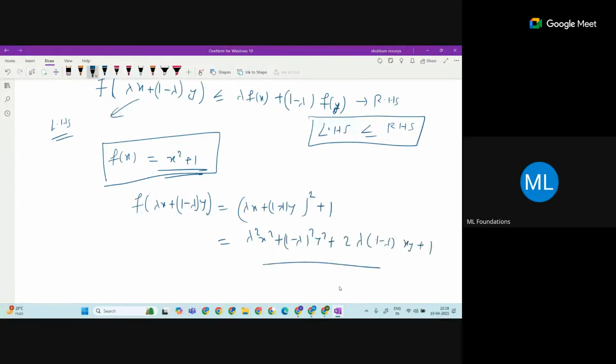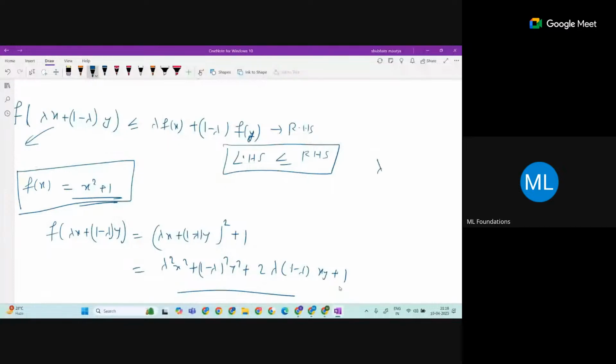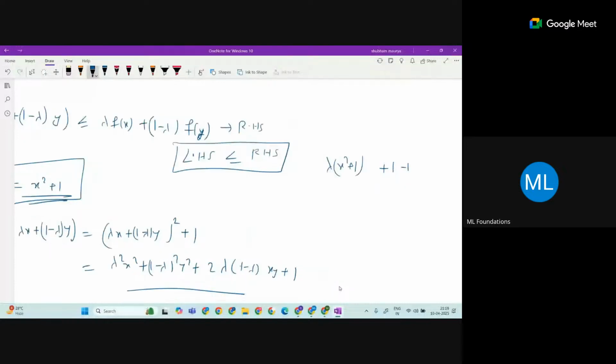This is the left hand side. For the right hand side, it is lambda times (x square plus 1) plus 1 minus lambda times (y square plus 1).